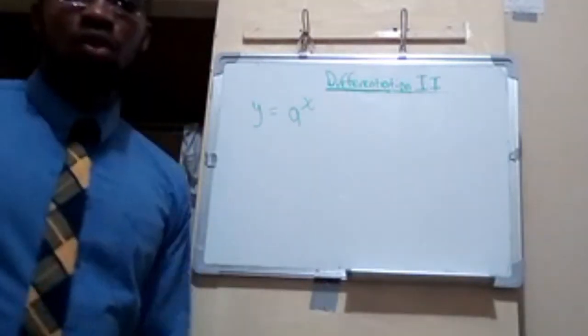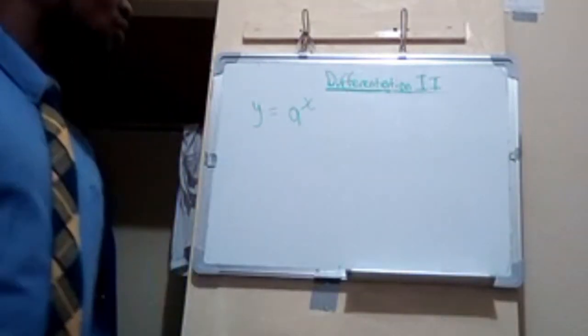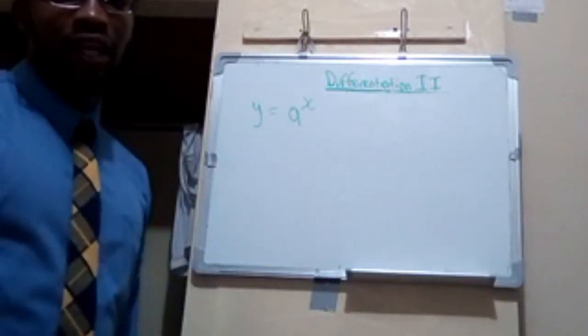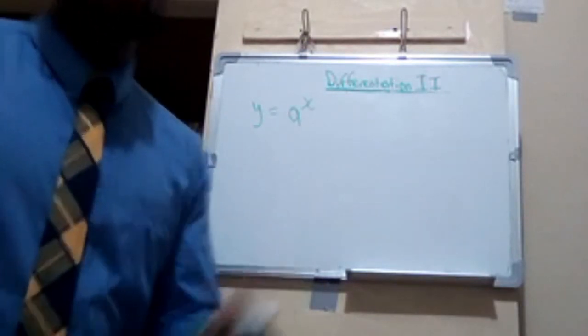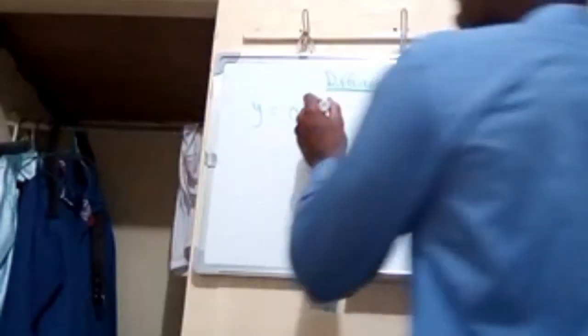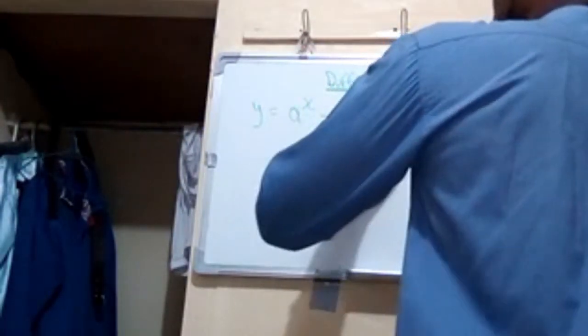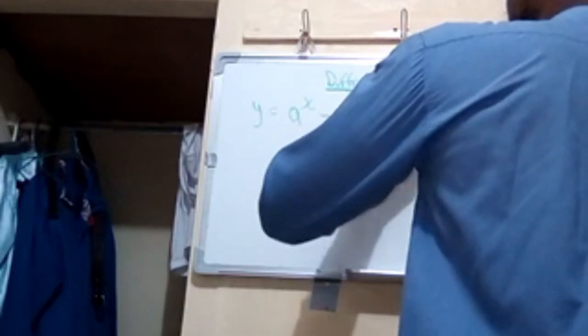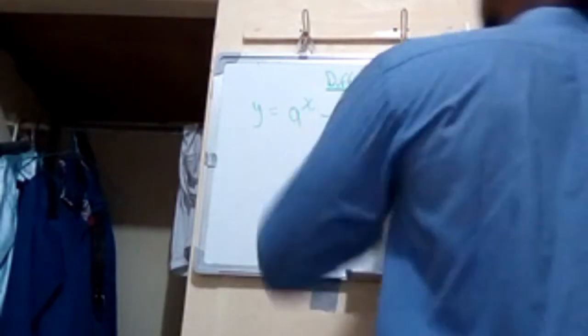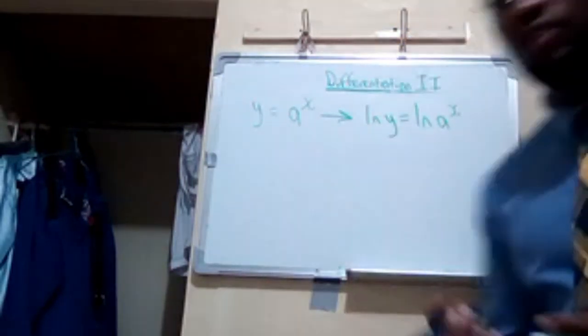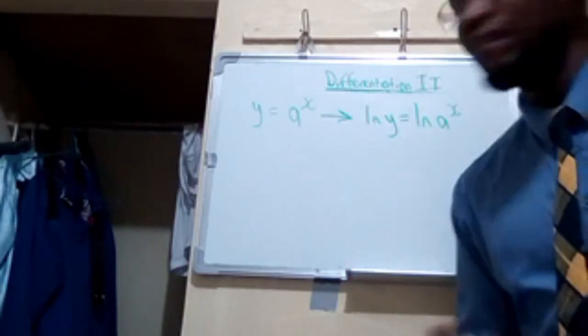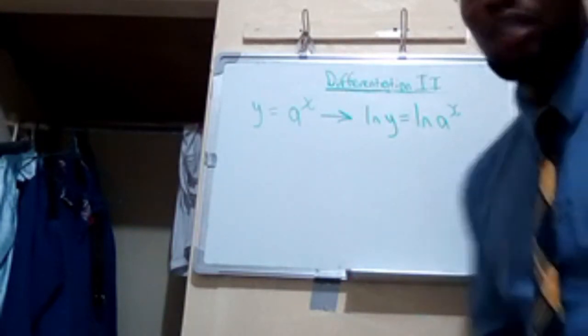Well, I don't know any rule that can differentiate this function, but if y equals a to the x, I can take the log of both sides. So ln y equals ln a to the x.